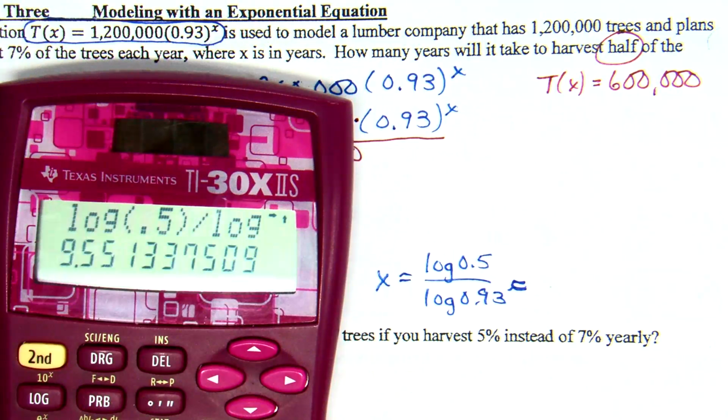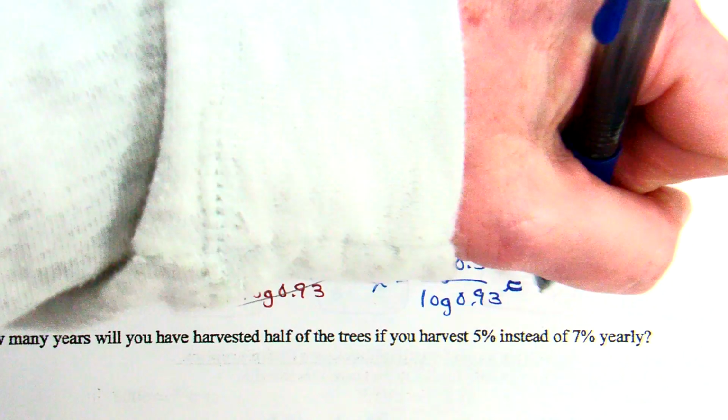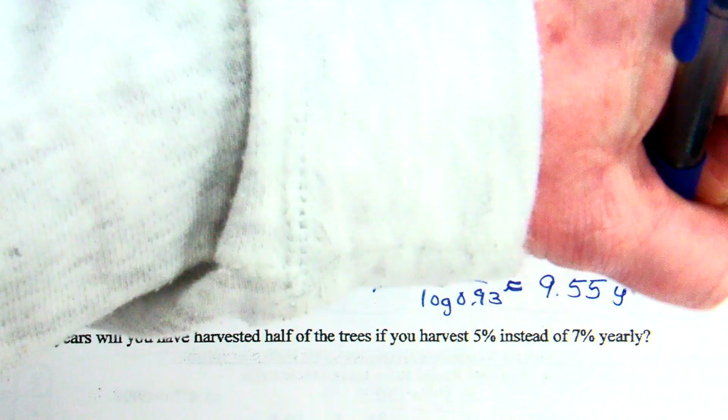I did not go 4 decimal places on this particular one. I just have 9.55, which is around 9.5 years, right? If you're going to whole years, you could say it was 10 years.